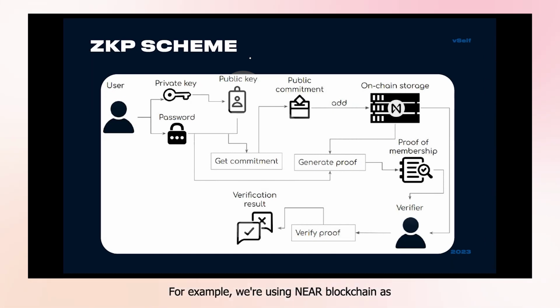For example, we're using the Near blockchain as a layer 1, as we already have been building on this network. And after logging in, the user uses his private key to produce a commitment, which then is put on chain into some kind of accumulator.